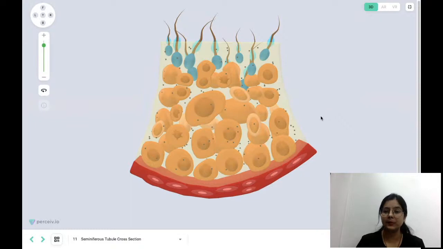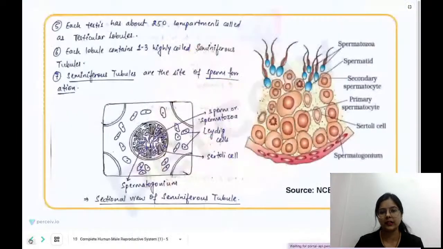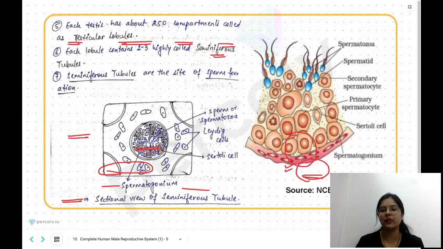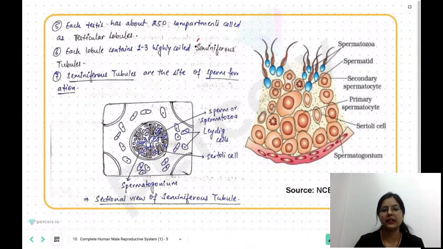And the seminiferous tubule is localized in the testis itself. And if you go back, I'll show you that the testis is the main site where the sperms are formed. Each testis has around 250 compartments called lobules, and these lobules consist of highly coiled seminiferous tubules.